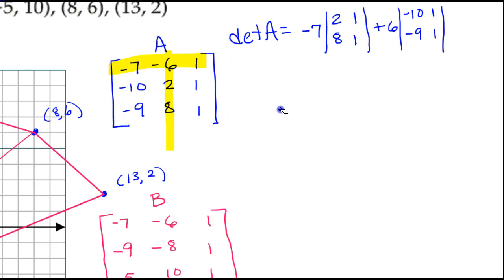Anyway, back to the determinant. So I'm going to move on to my last cofactor of 1, which means I need to cancel out this column. So I have this cofactor of 1, and I will keep the sign the same.